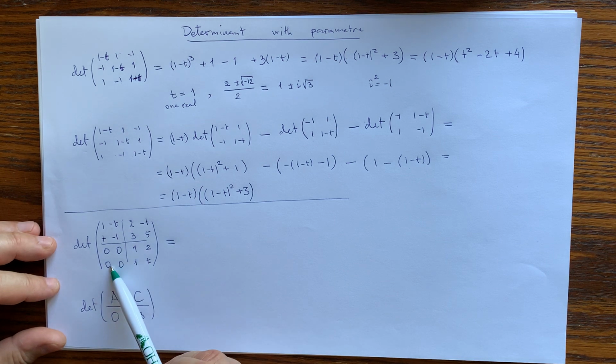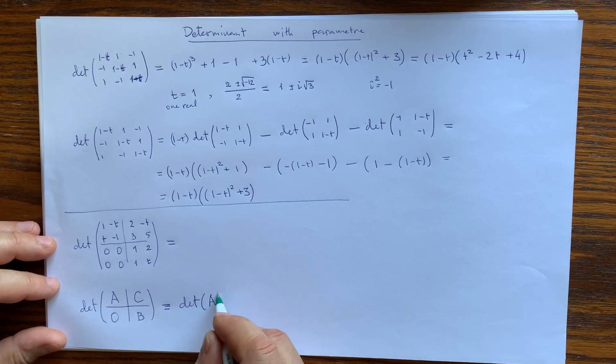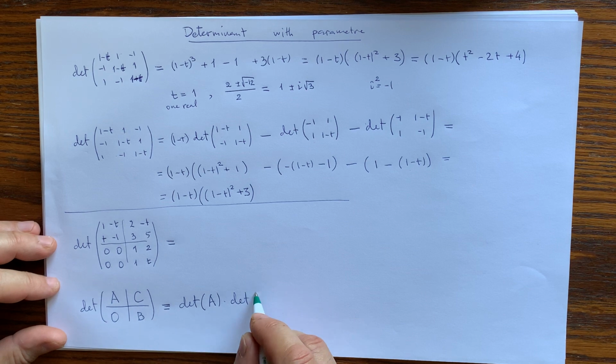And then below or above, we have a block of zeros. So these are square, like we have here, and this block is full of zeros. Then what happens, no matter what A, B, and C are, the determinant of the big matrix is always the product of determinants.